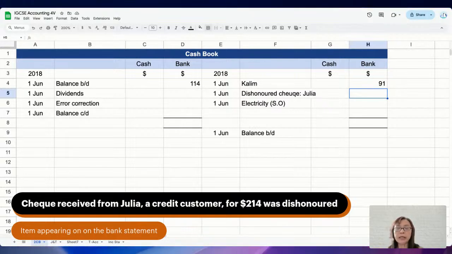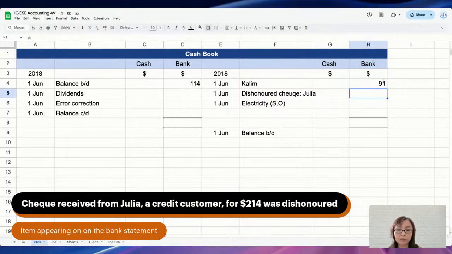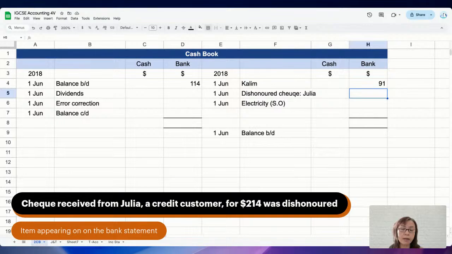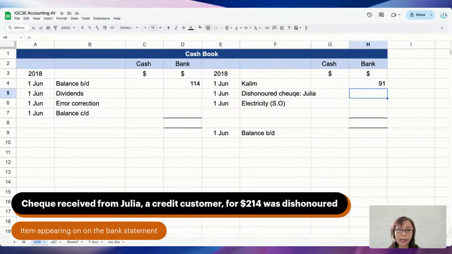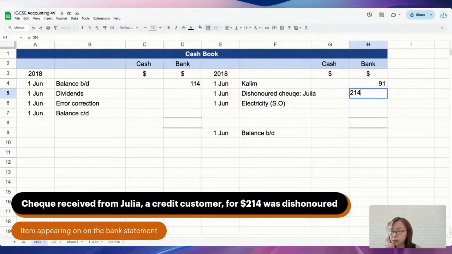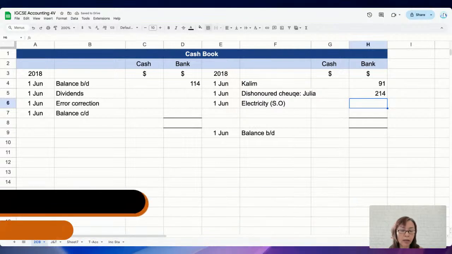Earlier in the cash book, we put it on the debit side for this particular check, as we received proof from this customer, Julia, saying they already banked in the check. But the problem is the bank did not recognize and dishonored the check. So we need to credit it back to cancel this transaction. So what we need to do is put 214 on the credit side over here.